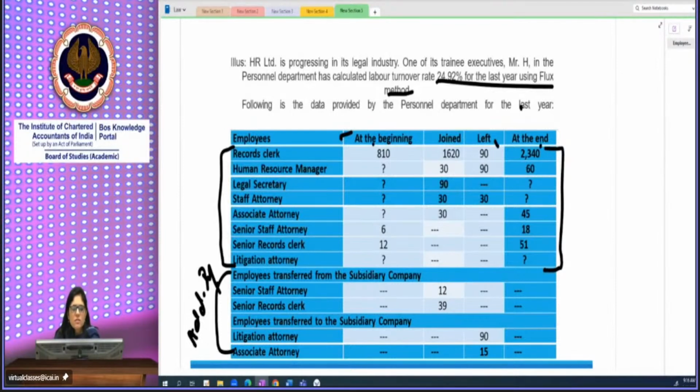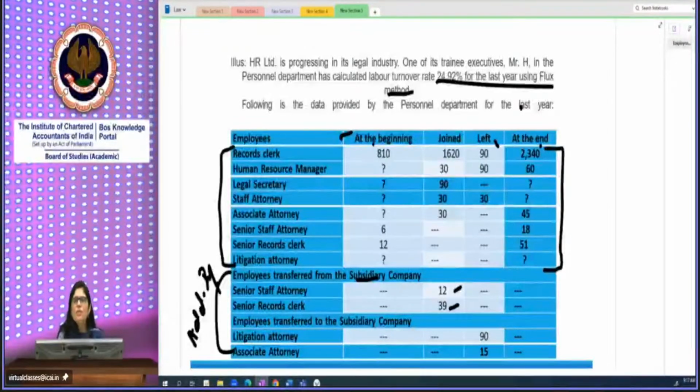All right. So they have the subsidiary company and they are saying senior staff attorneys joined, transferred from the subsidiary company. So the thing is they are saying that this is the main company, and 12 senior staff and 39 senior records are also shown as joined.